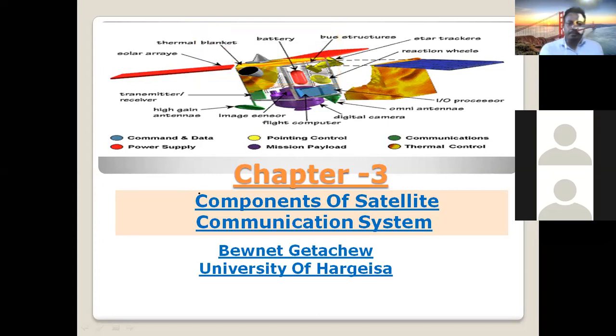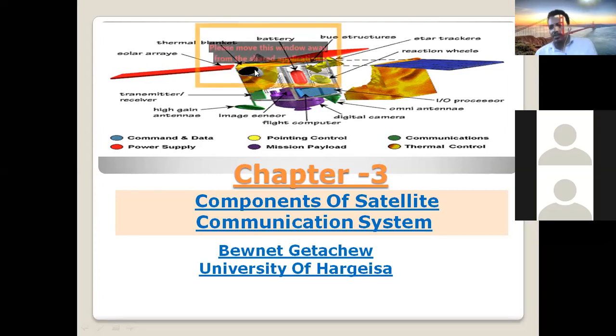And another thing you have to keep in mind, components are not the same for all orbits. The type of components we use depends on two main factors. First, it depends on the orbit, and it depends on satellite services. We have discussed this so far.